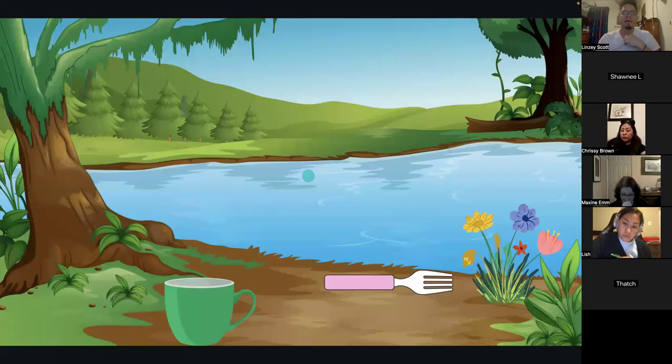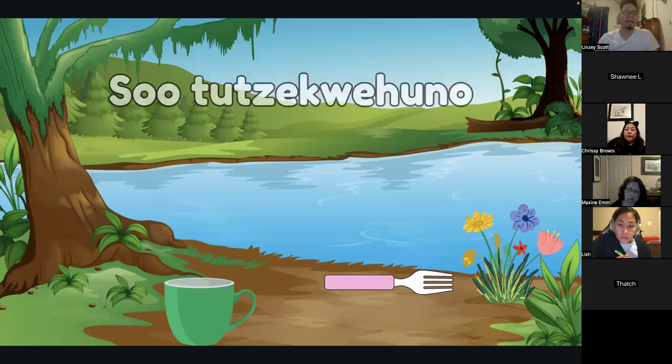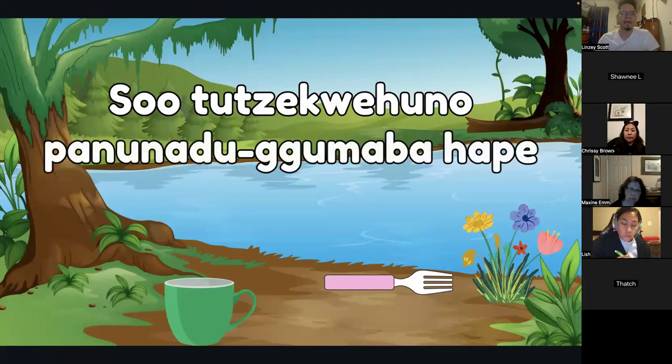It is beside the lake in this case, or near the lake. In Numu, you use words like sitting, lying, or standing. So if you want to say the fork is beside the lake, in Numu you might actually say the fork is lying beside the lake. And how you would say that is what you see here. Tzikwihunno, right?